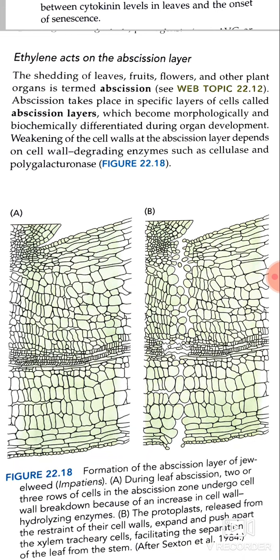And in the next diagram, the protoplasts, released from the restraint of their cell walls, expand and push apart the xylem tracheary cells, facilitating the separation of the leaf from the stem.